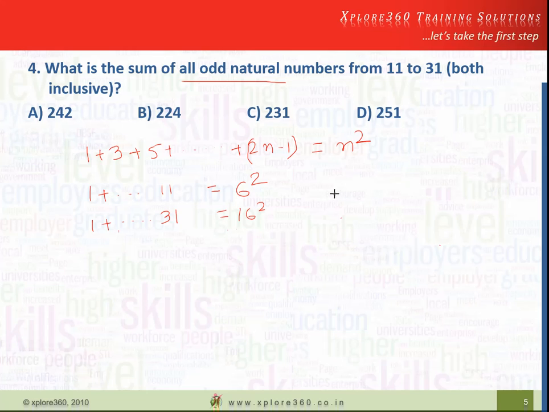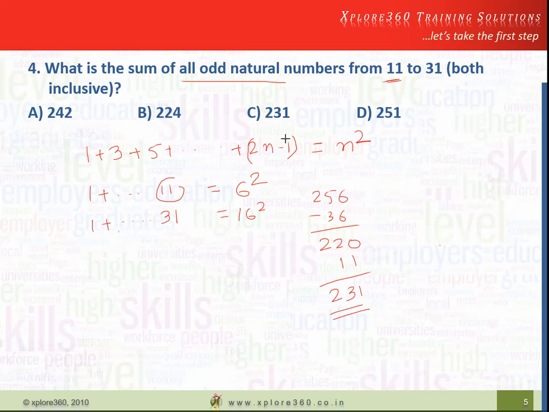But please try to understand, here the 11 is going to be minus. So first of all, 16 squared is 256 minus 36, that equals 220. But 11 is included, so you have to add 11 to that, so it is going to be 231.